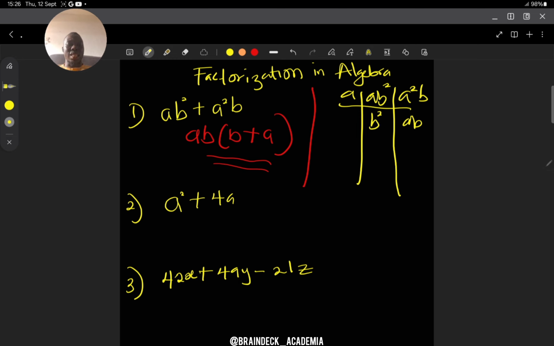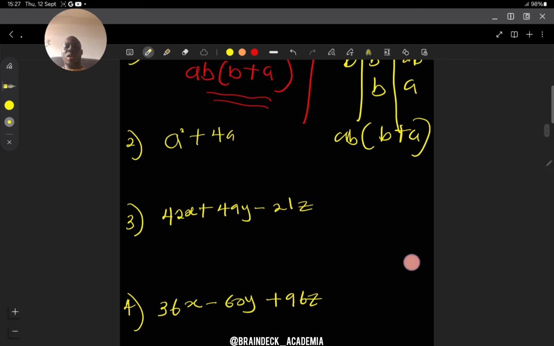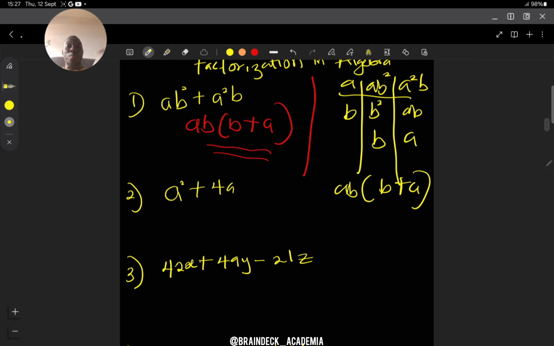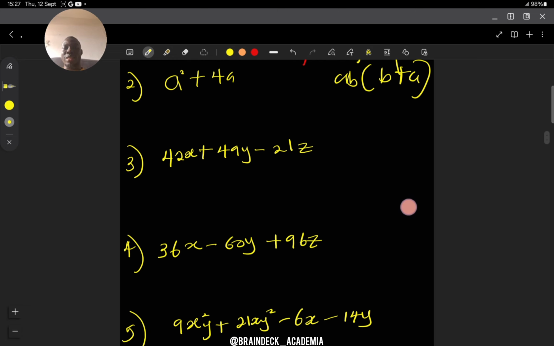But there's B here, there's B here. If I remove B here, I'm left with B. Here I'm left with A. When you get to a point whereby there is no more common factor between the two, then you multiply what you have at this side, which is AB, and bracket what you have within the line, B. The sign in the question is plus, then plus A. So whichever way you decide to do it is okay. But the direct method is much simpler and much faster, so that's why I prefer the direct method.